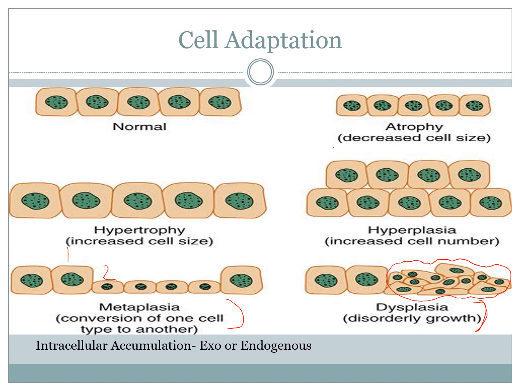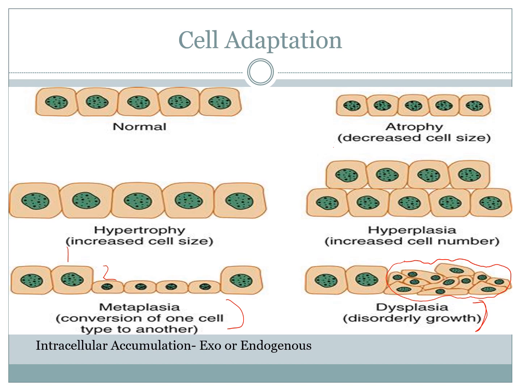Now, the bottom point, when we talk about intracellular accumulation, that's an example of cellular adaptation, but it's as a response to exogenic or endogenic materials or metabolism. So what we mean by that is if a substance is brought into the body en masse.